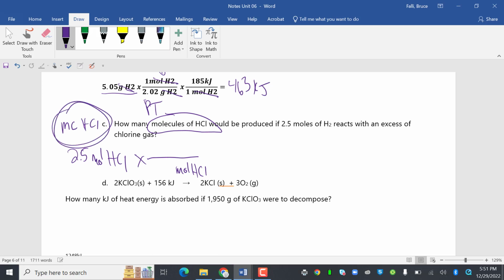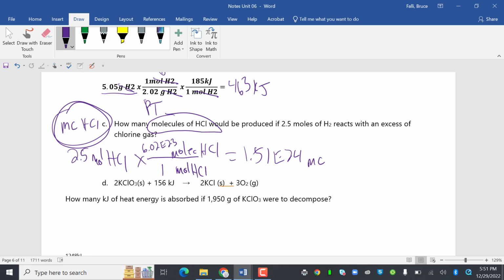So I go from moles of HCl into molecules of HCl, keeping you on your toes. 1 mole is, remember, 6.02 E23. Whenever we're dealing with molecules or atoms, that's the number we use when it compares to moles. 2.5 times 6.02 E23, and I get 1.51 E24 molecules.